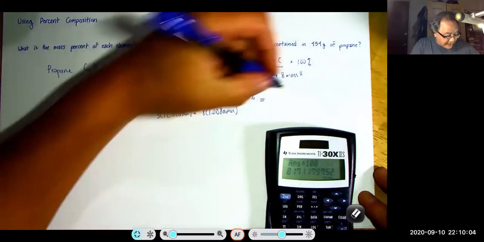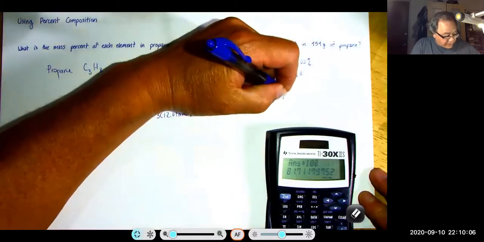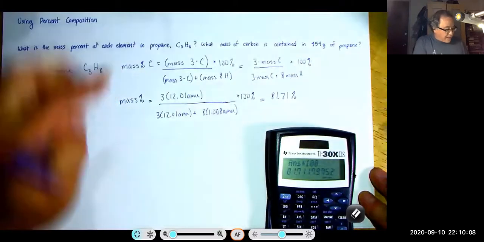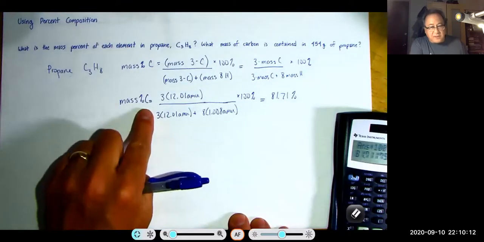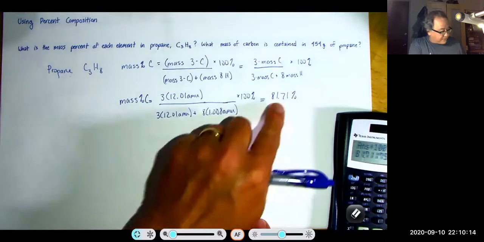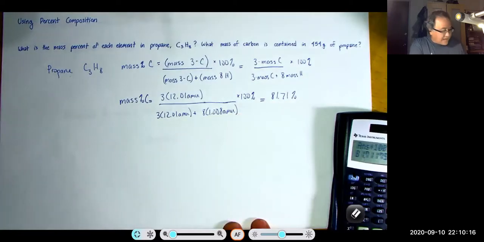Okay, so we're going to get 81.71%. So the mass percent, and I should have written carbon here, is 81.71%.